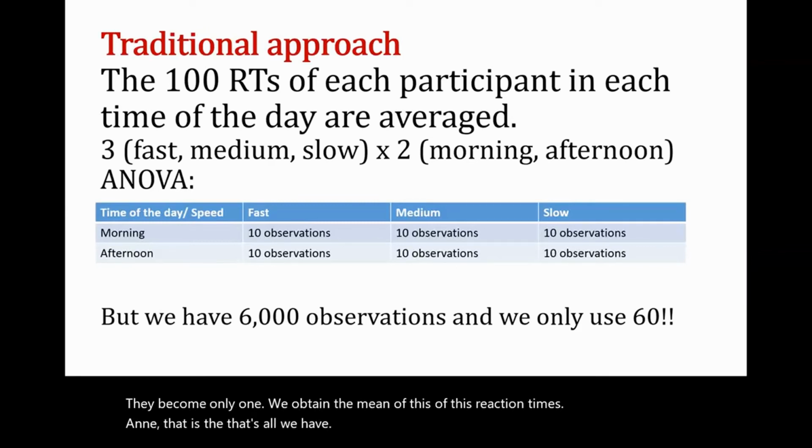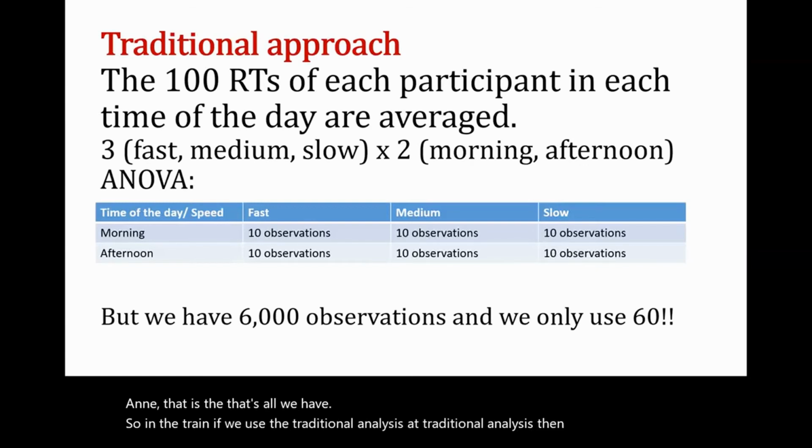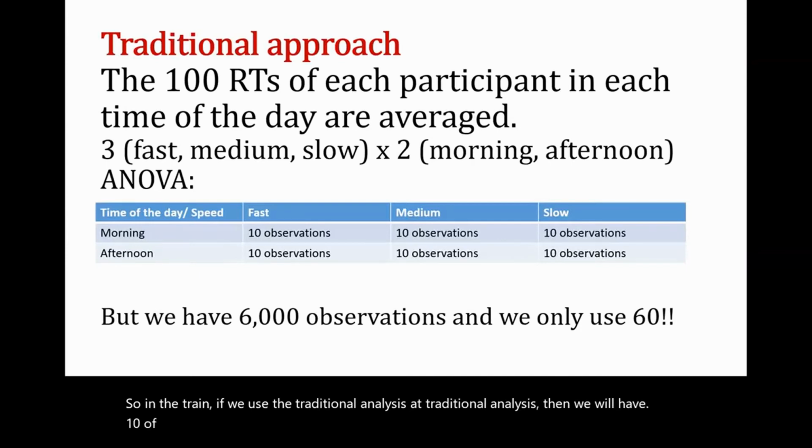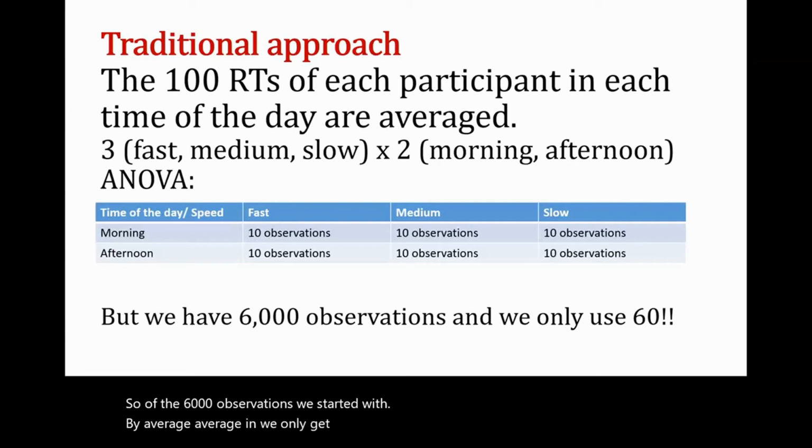So if we use the traditional analysis, we will have 10 observations for each condition, so that is 60 observations only. Of the 6,000 observations we started with, by averaging we only get 60. That's a loss of data that is not desirable. That's why, if we use multi-level modeling, putting participants as level 2, that allows us to use all the data.